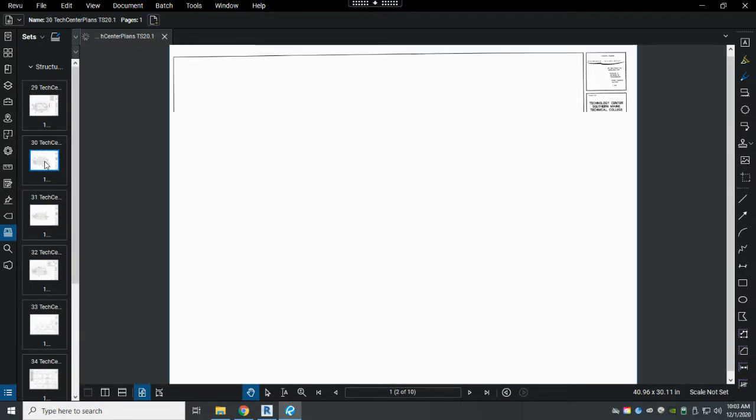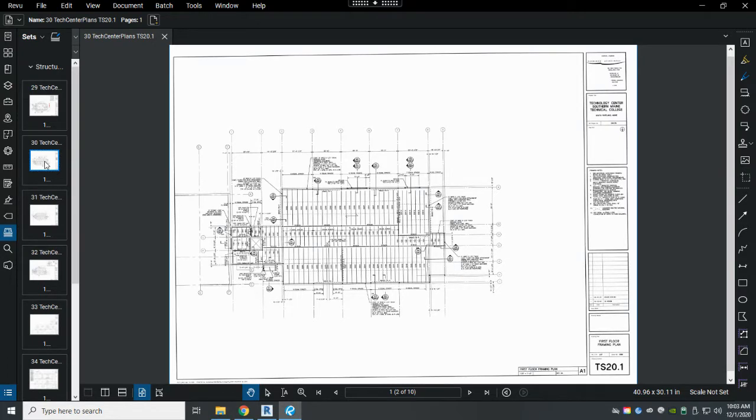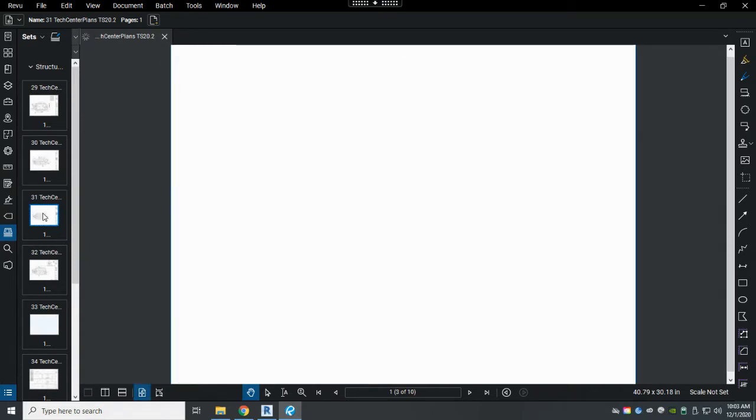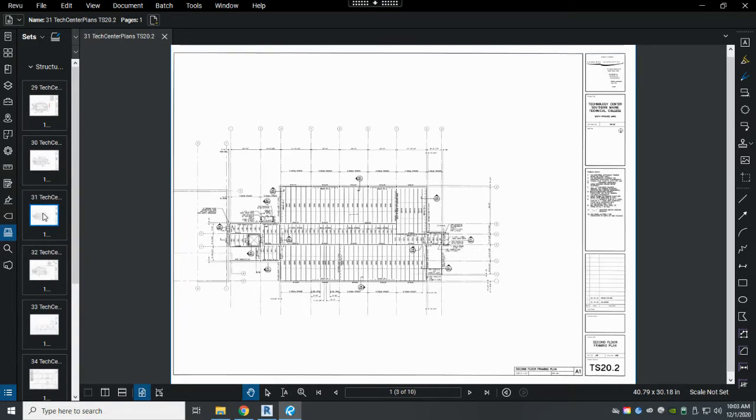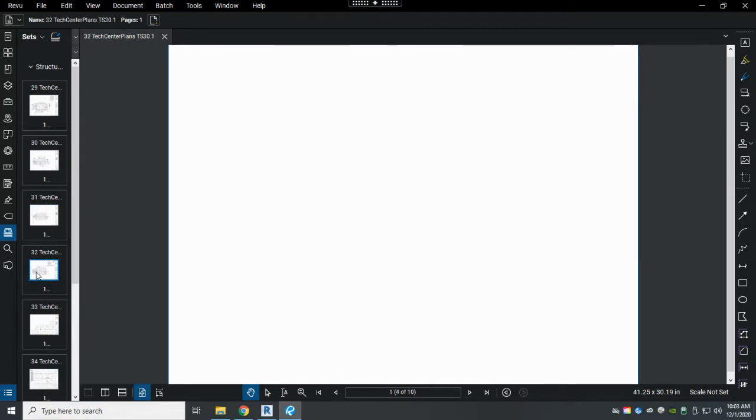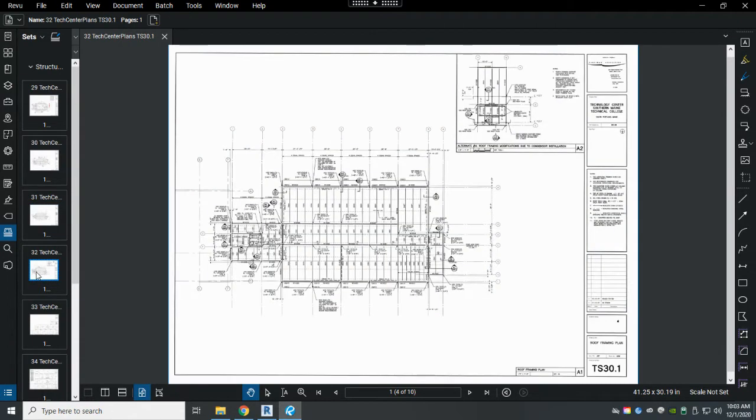So this is showing the first floor framing of the structural framing. This is showing the second floor structural framing. And then we have the roof framing. So there's 3 levels of framing that we have if we include the roof deck.